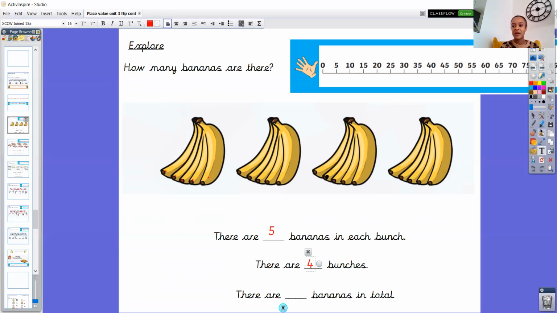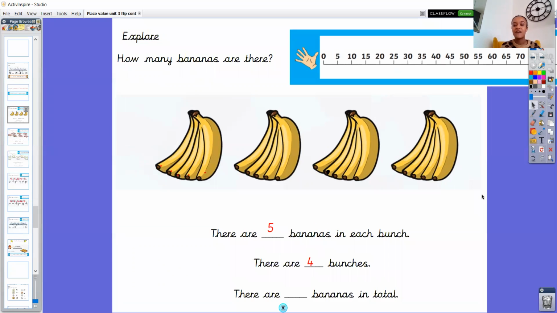So now this is when we're going to count in our fives to find out how many there are in total, because if we counted in ones, it would take us a lot longer to count each individual banana than if we counted them in their bunches of 5. Okay, so the number line's up here if you need it to help you. I'm going to count along in fives, okay? Are you ready? 5, 10, 15, 20.